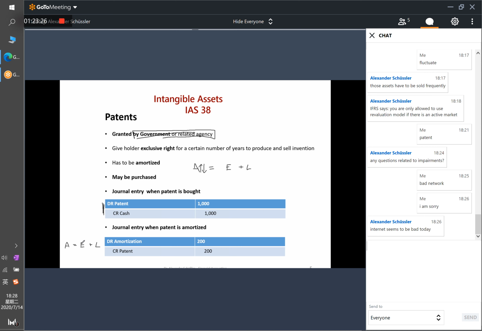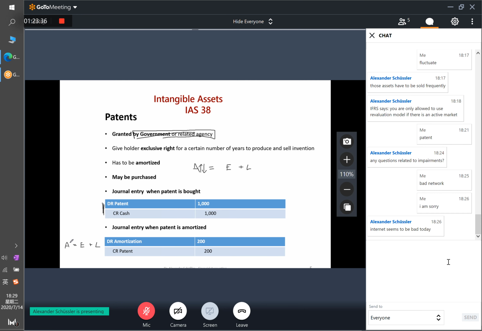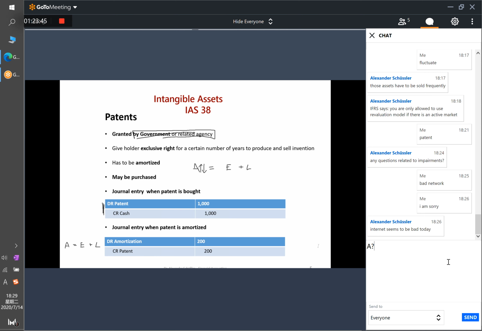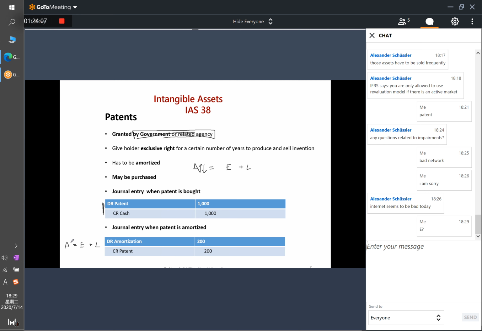which elements of the financial statements are affected here? Equity goes down, correct?